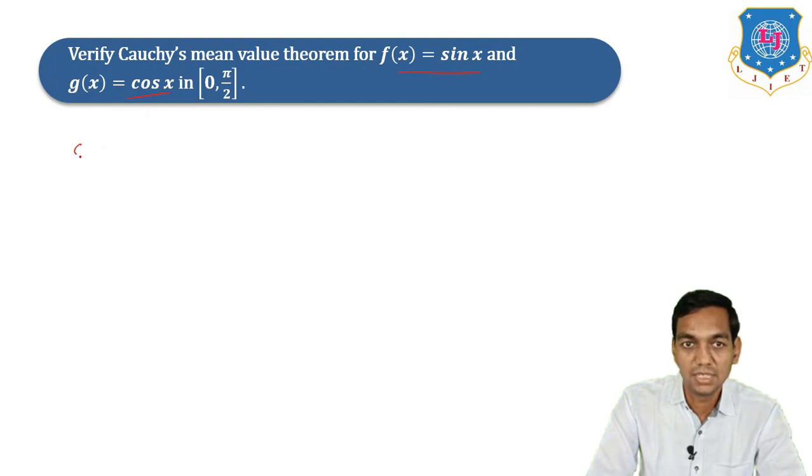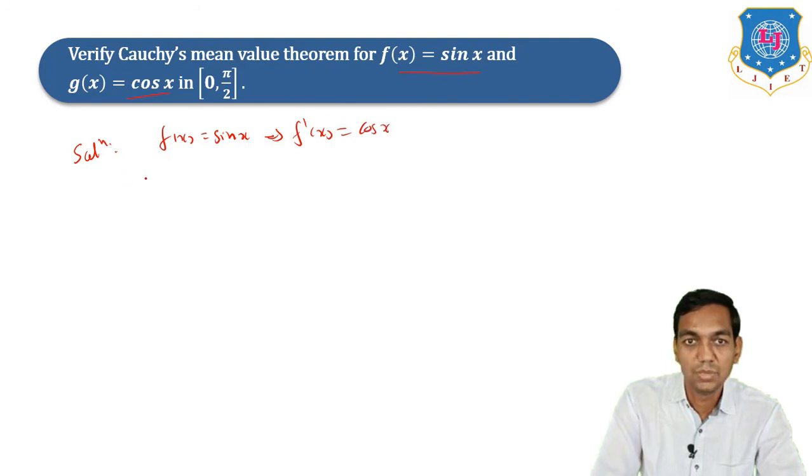Now, starting with the solution, f(x) is sin x, and therefore f'(x) is cos x. In the same manner, g(x) is cos x, therefore g'(x) is -sin x.